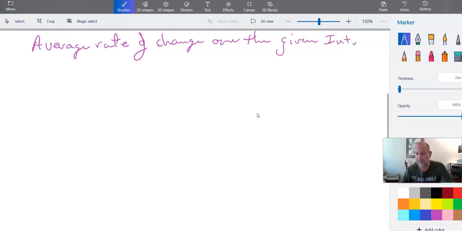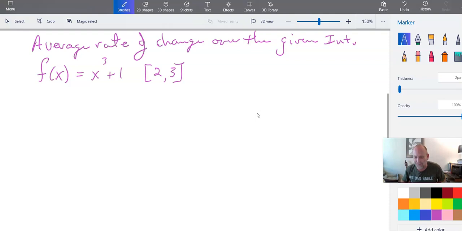So that's what we're finding. The function we're given is f of x is equal to x cubed plus 1.